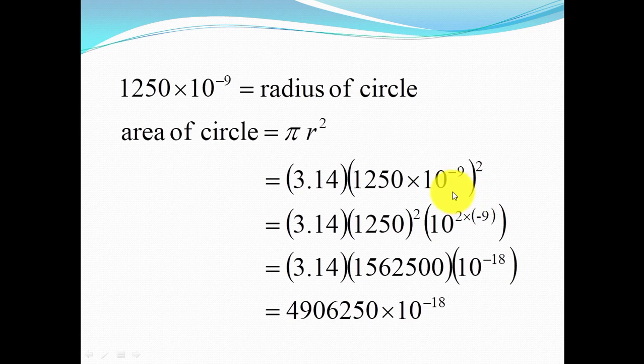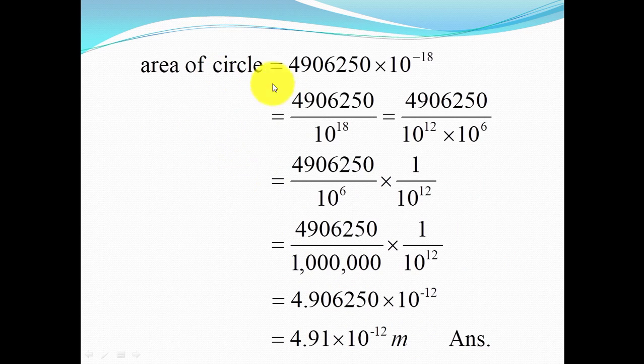Its square means that we take the power minus 9 and multiply by 2; if it were a cube, we would multiply by 3. So minus 9 multiplied by 2 is equal to minus 18. When we take it as a denominator, its power becomes positive.